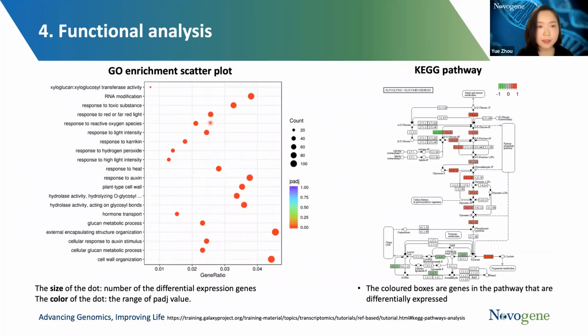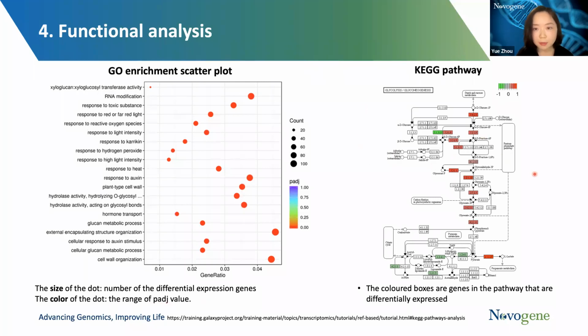And here is the graph that you can get after the enrichment analysis. For GO, we're showing a GO enrichment scatter plot, and for KEGG, we're showing a pathway graph. For the GO enrichment scatter plot, the y-axis is the GO terms, the size of the dot is the number of the DEGs, and the color of the dot is the range of the p-value.